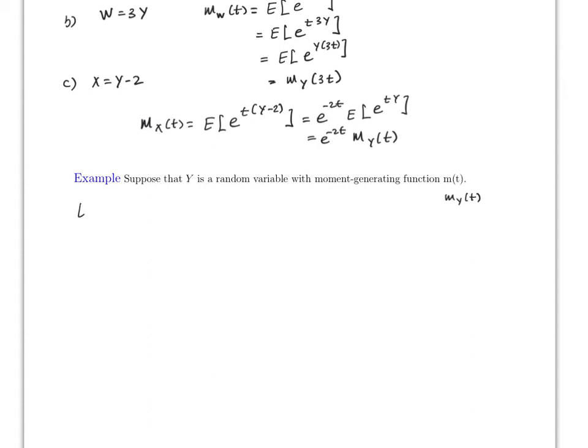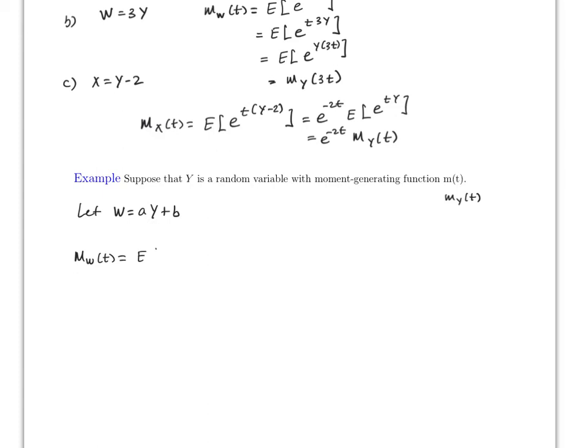So let's say now that w is equal to a y plus b. We did this problem already with a completely different method. So just to verify we get the same thing, where a and b are constants. So what will be the moment generating function of w?